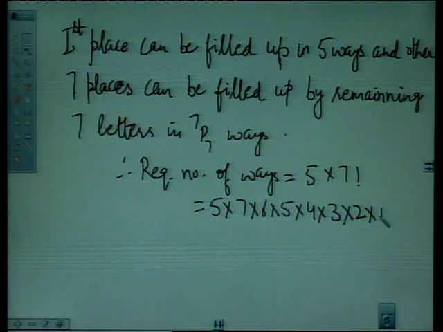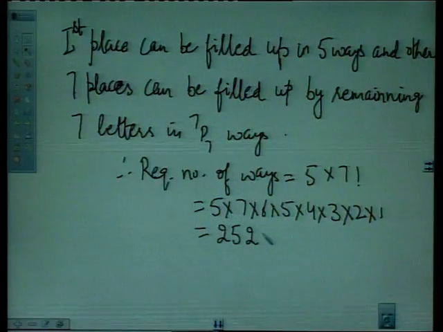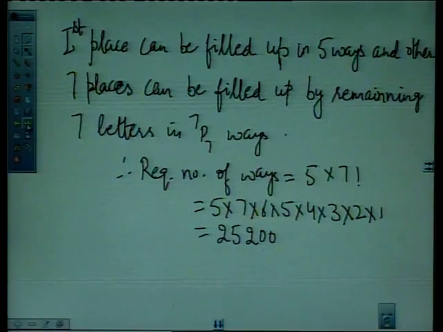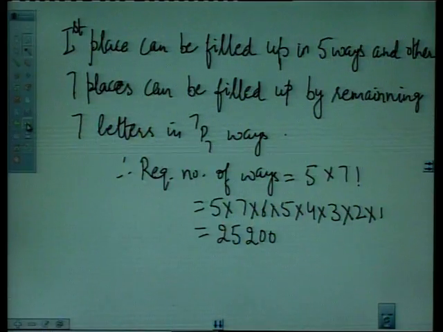When we multiply all these numbers, we get the answer as 5040, and times 5 gives 25200. This is the answer: from the letters of equation we can frame 25200 words that each start with a vowel.